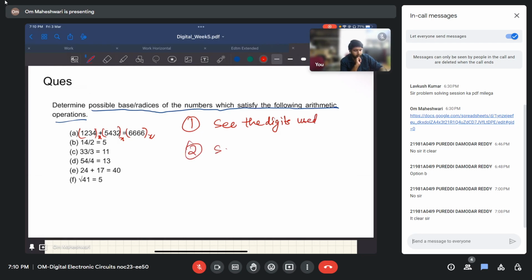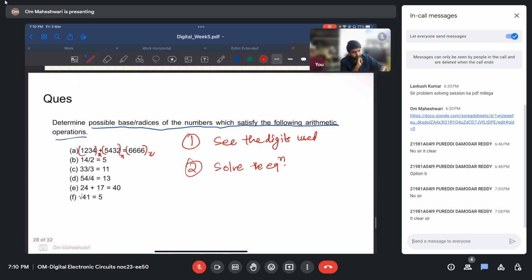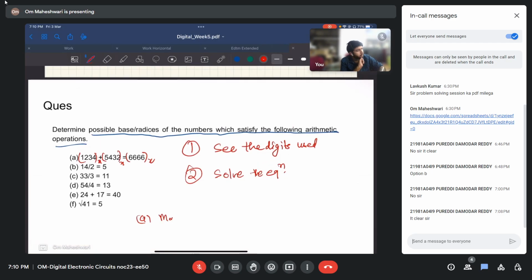Second, solve the equation. If you see the digits, the max digit in part A is 6, right? So x must be greater than or equal to 7 at least.